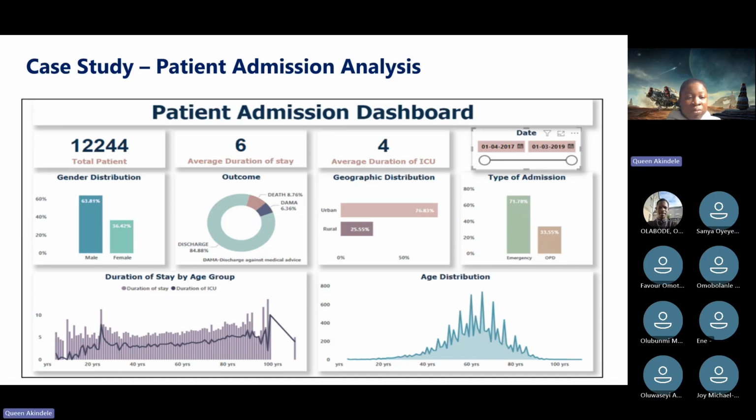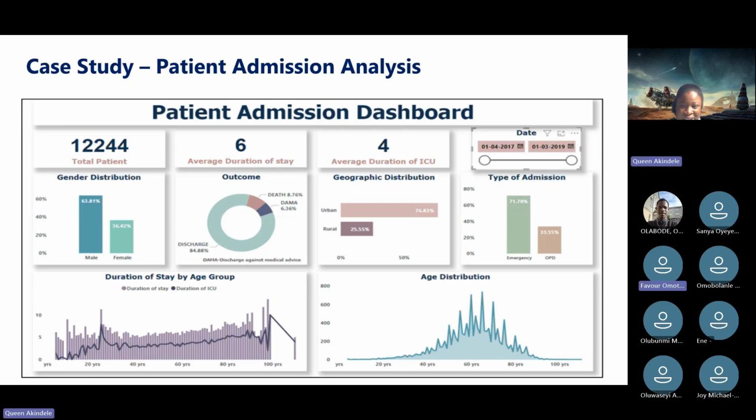And then we come to the duration of stay by age group. We want to know, of all these patients, what are the age groups we have? How does their age group influence their duration of stay? Do they recover quickly? Do they recover slowly? I don't know if I'm making sense at all.